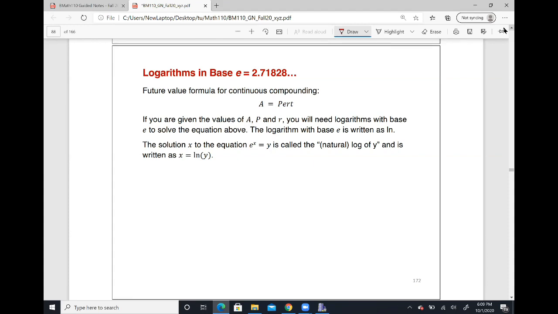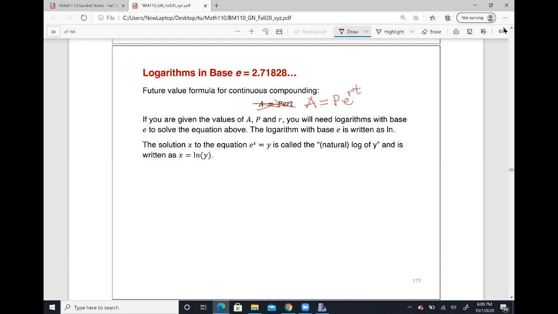So now we're going to talk about logarithm in base e, the Euler number. You still remember that the future value formula for continuous compounding is A equal to P times e to the power rt.